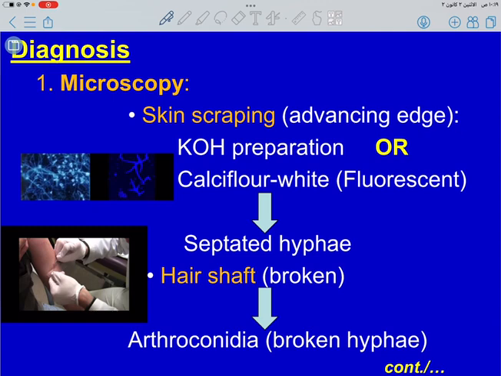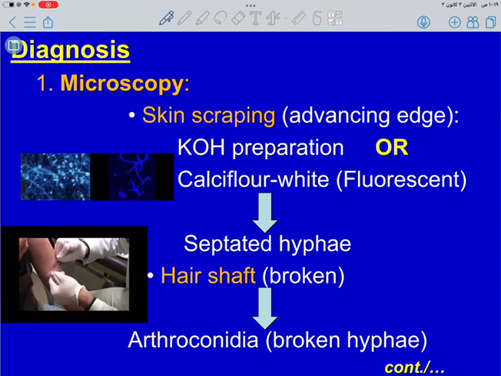Or you can use a fluorescent technique. المادة اللي مضيئة بالميكروسكوب like calcofluor white. مادة تصبغ الفنجاي اسمها calcofluor white. And you can see with the calcofluor the fluorescence of the fungi.